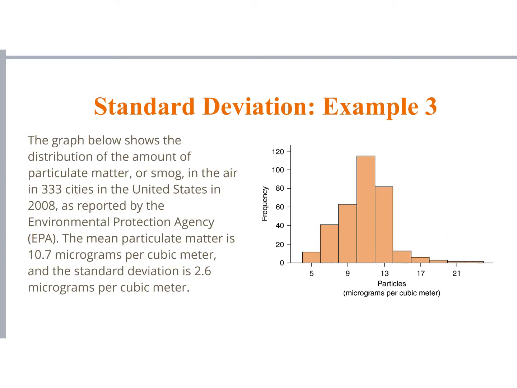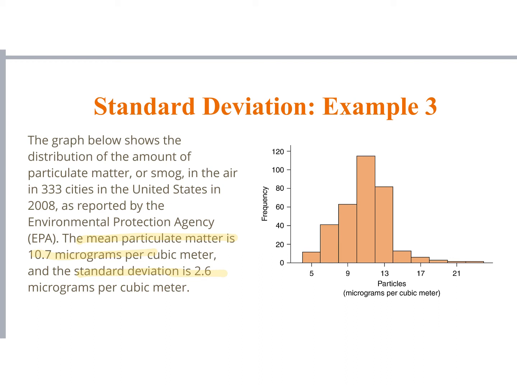So here's example 3, standard deviation. The graph below shows the distribution of the amount of particulate matter or smog in the air in 333 cities in the United States in 2008, as reported by the Environmental Protection Agency. The mean particulate matter is 10.7, and the standard deviation is 2.6 micrograms per cubic meter.